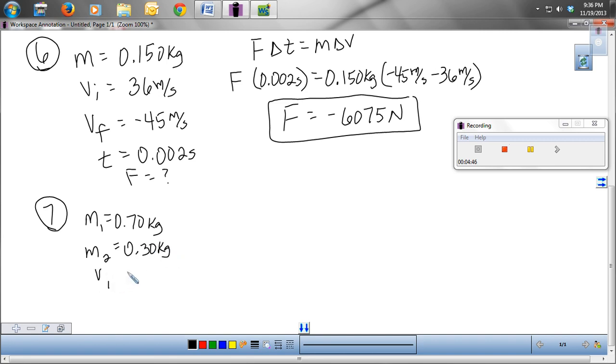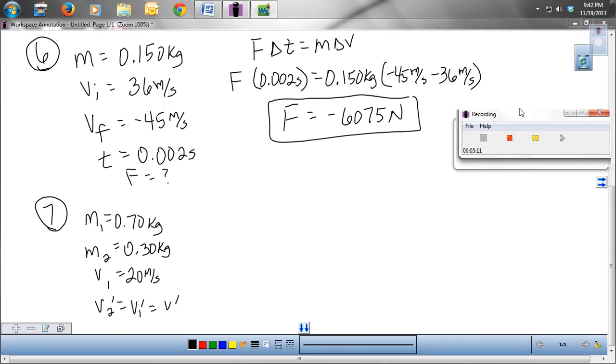V1 is 20 meters per second. And I'm looking for the speed of the bottle, I believe it is. Let me make sure I'm telling you the truth. Yes. They're going to move off together, so the velocity of the ball and the bottle both. So I'm looking for V1 prime, which is equal to V2 prime, which is equal to just plain old V prime since they're moving off together.